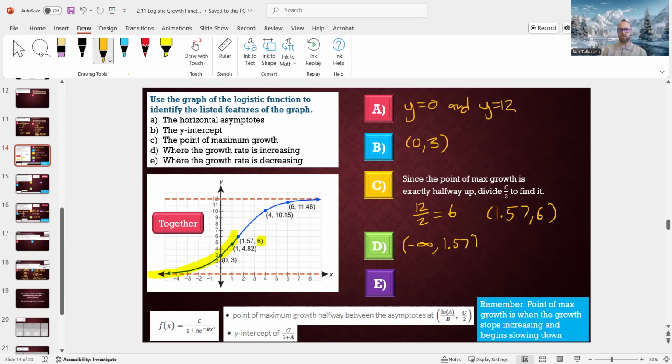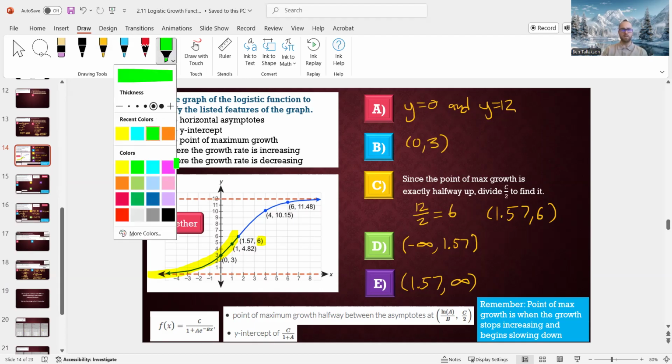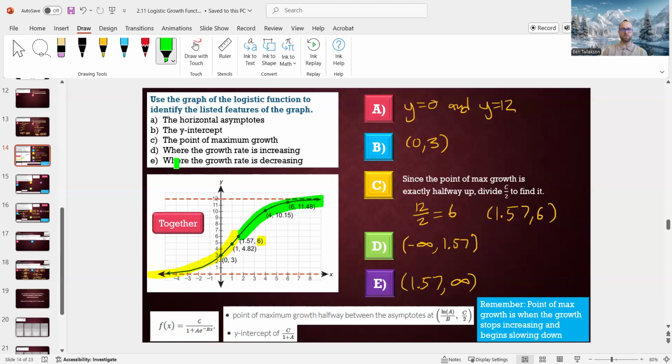So it's actually going to be a parenthesis. And then, of course, decreasing will continue from there on in the positive direction forever. Show that with a quick highlighter. Decline as soon as you hit that point of max growth. Everything after that is going to go down, or slow down, I should say.